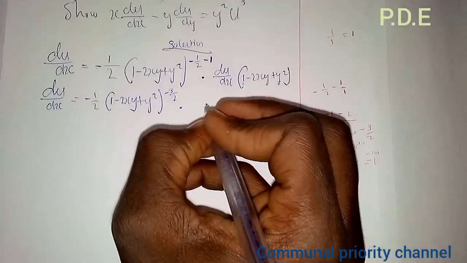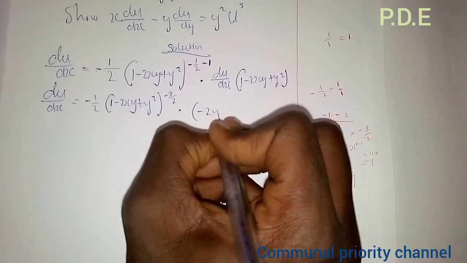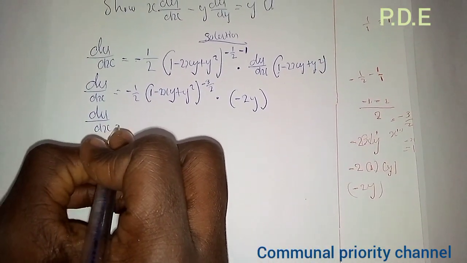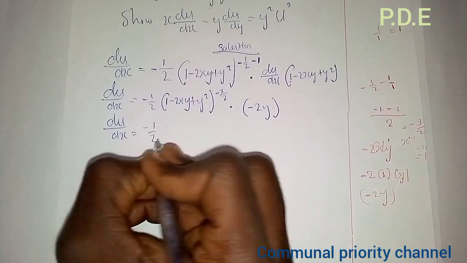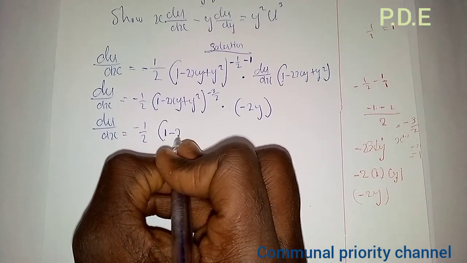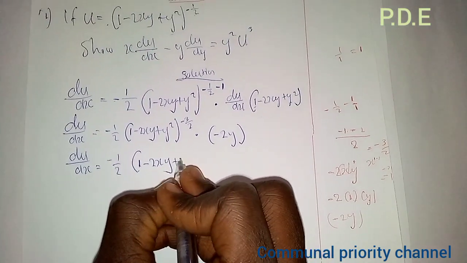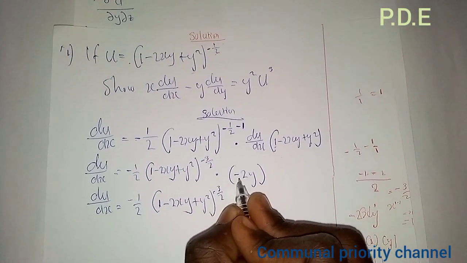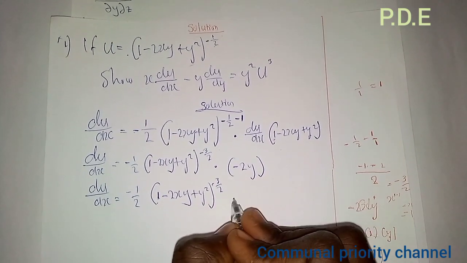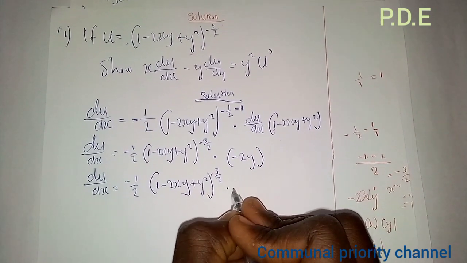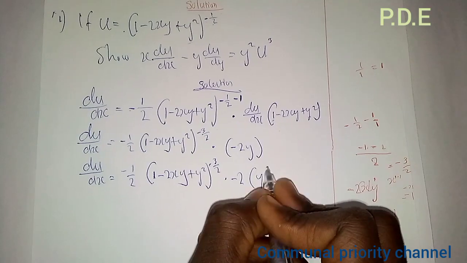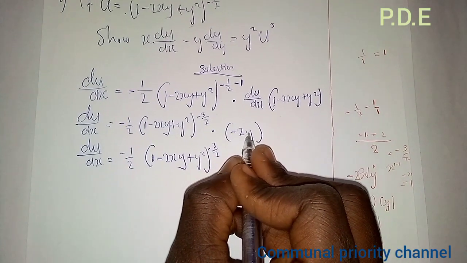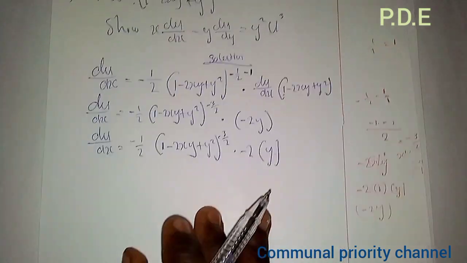So then this will be multiplied by (minus 2y). Our du over dx now will be equal to minus 1 over 2 into (1 minus 2xy plus y squared) to the power of minus 3 over 2. Now we can factor minus 2 out. Multiply by minus 2, open bracket y, because minus 2 multiplied by y gives back minus 2y. So you can just factor it out without any problem.